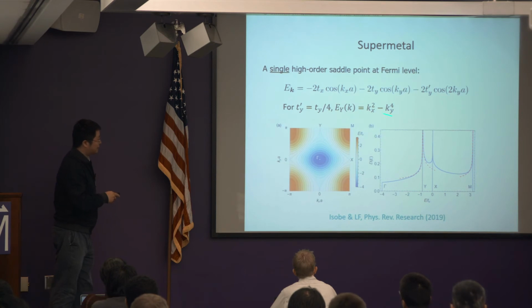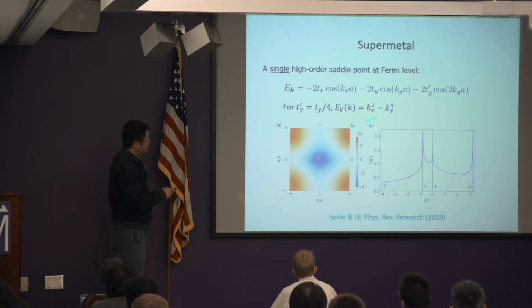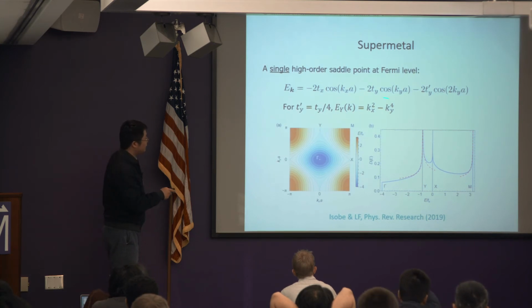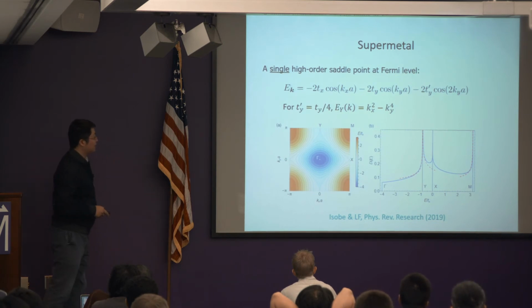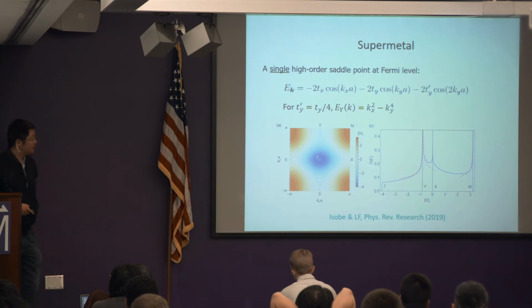Again, the details don't matter, but as you tune just a single parameter, you can have a Van Hove singularity that turns into a high-order Van Hove singularity at the boundary of the Brillouin zone. So the dispersion is kx squared in one direction and quartic in the other direction. This tensor state now leads to a power law divergence with exponent again -1/4.